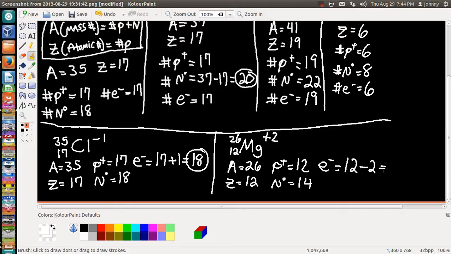Now, just in case you haven't seen the pattern, whatever the charge is, you write its opposite here. Okay, so 12 minus 2 is 10. So we have a 10 count for our electrons. So just remember that when something is positively charged, it has lost electrons. When it is negatively charged, it has gained electrons.